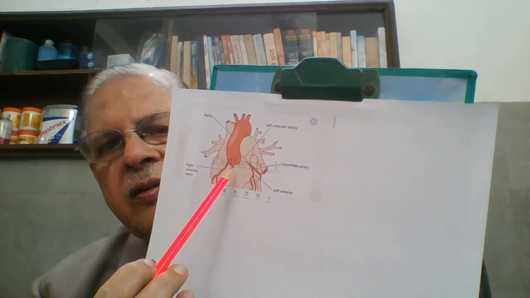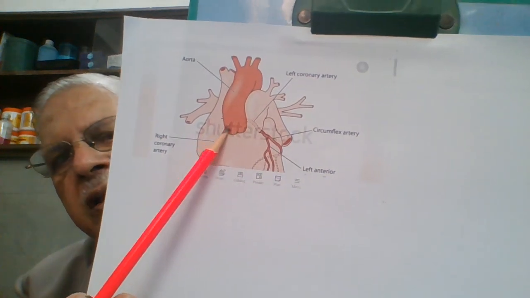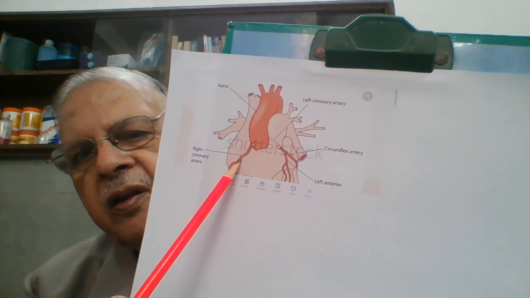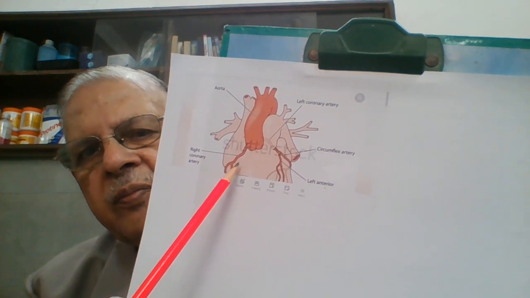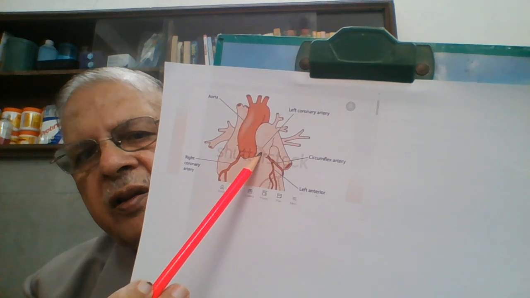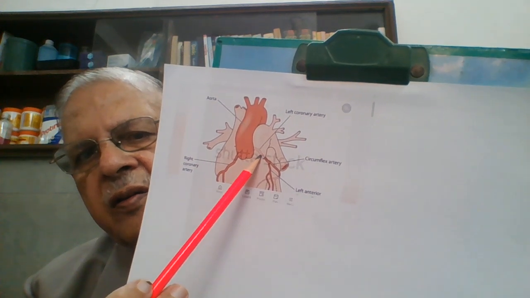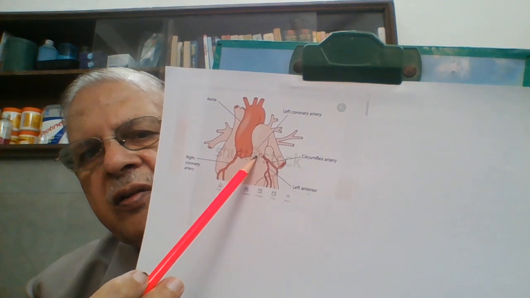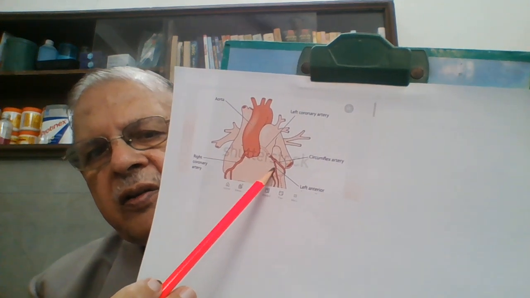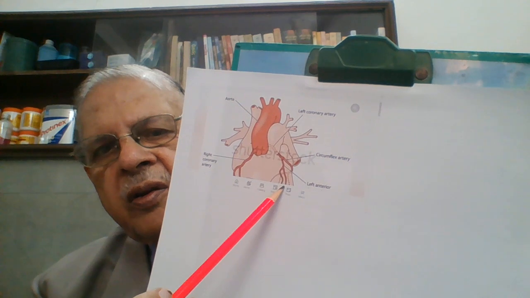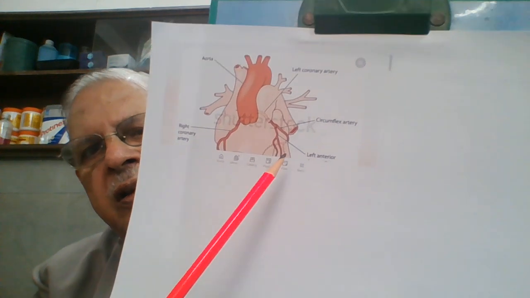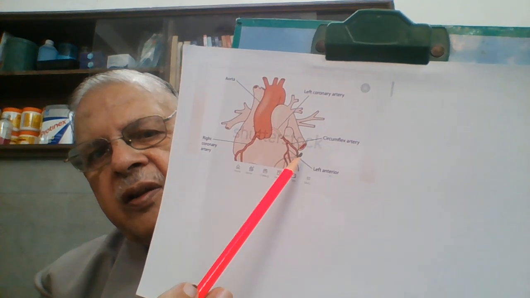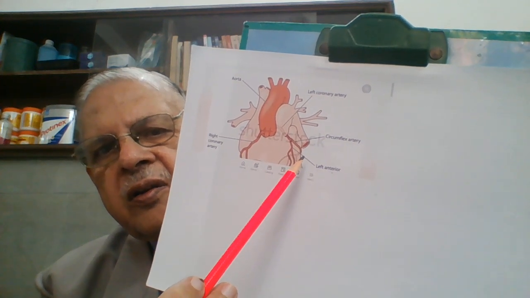So from here, where the aorta arises, two arteries are arising, one on the right side, the right coronary artery, and the other on the left side, that is the left coronary artery. The left coronary artery is small, about 1 centimeter long, and then divides into two, one coming on the front, that is the left anterior descending coronary artery, and the other going to the back, that is the left circumflex artery.